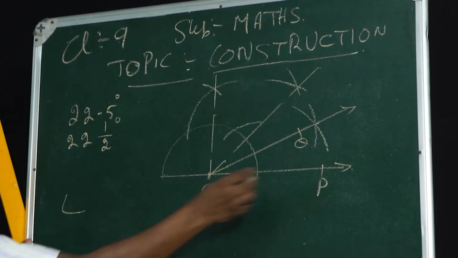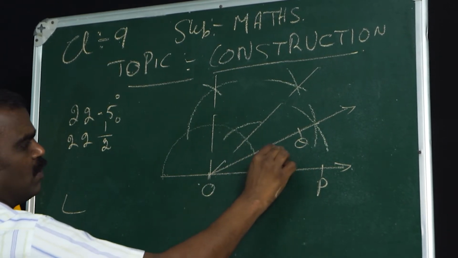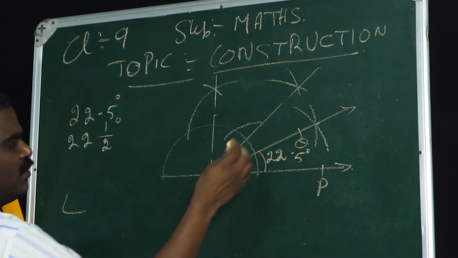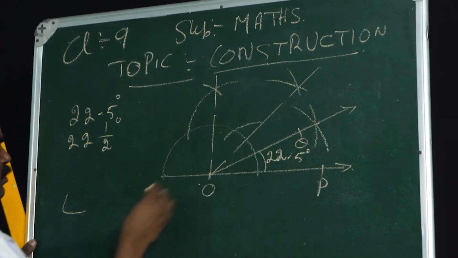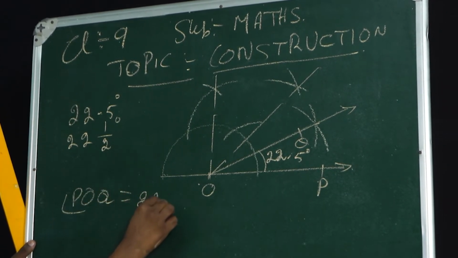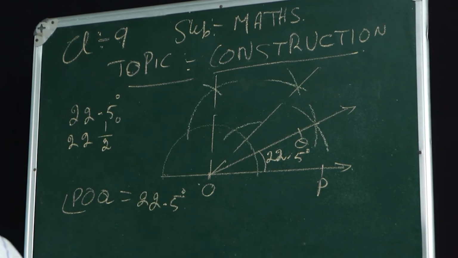So, angle POQ, how much degree? 22.5 degree. Angle POQ is equal to how much? 22.5 degree.